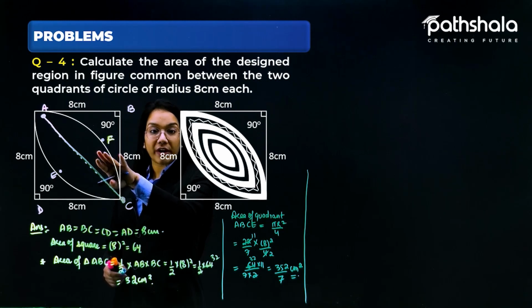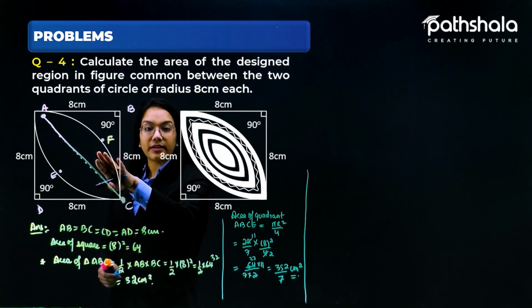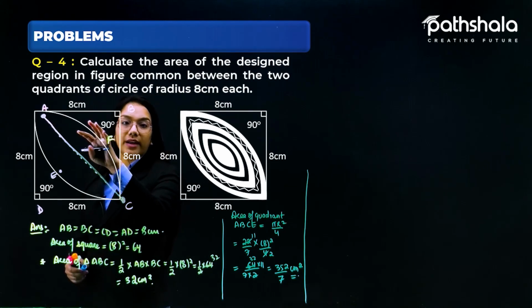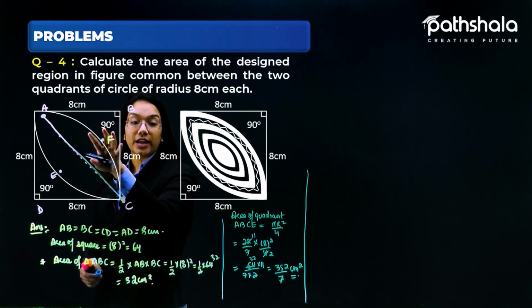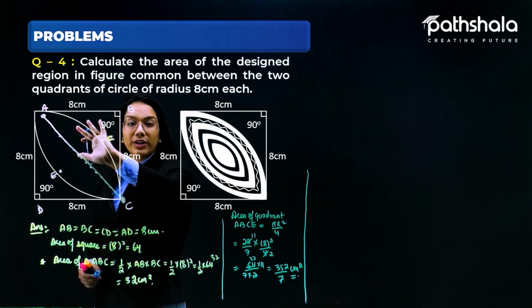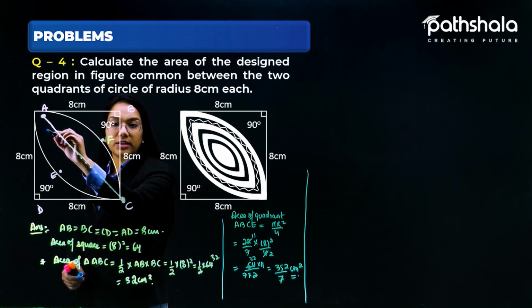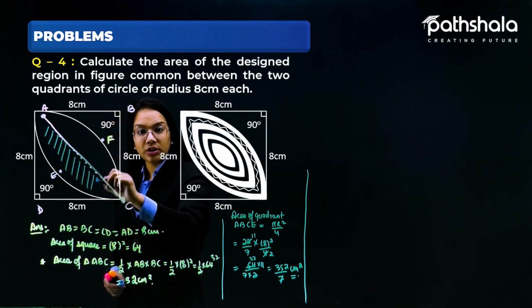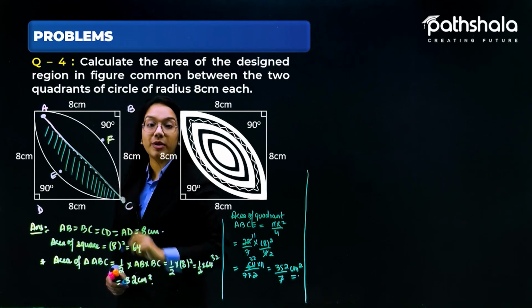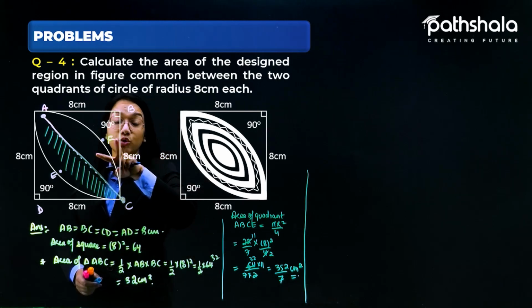If I subtract the area of this triangle from the area of this quadrant, you can see by yourself, then the only section that would be left is nothing but this section. This is the only section that would be left out if I subtract these two areas.